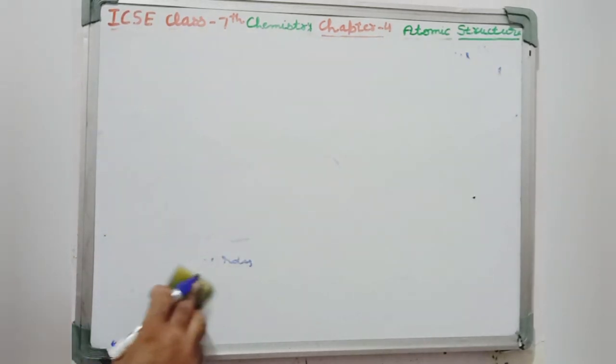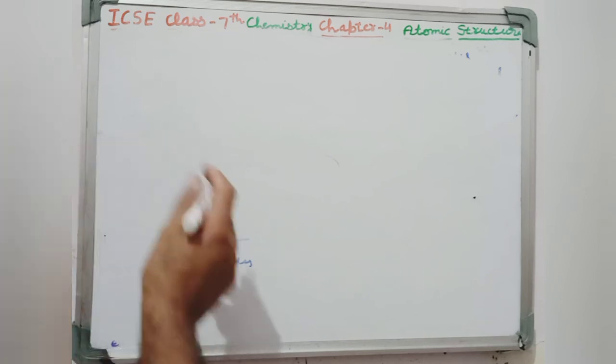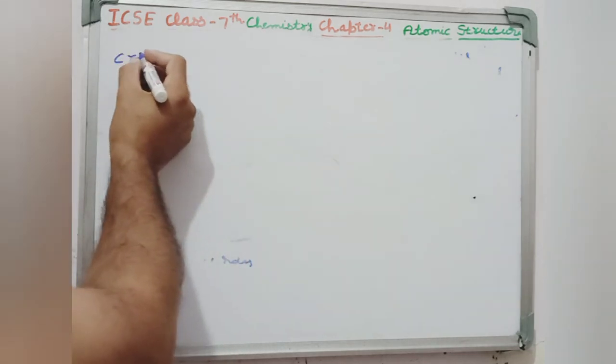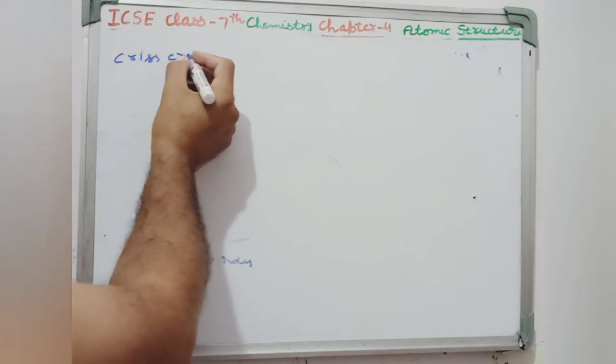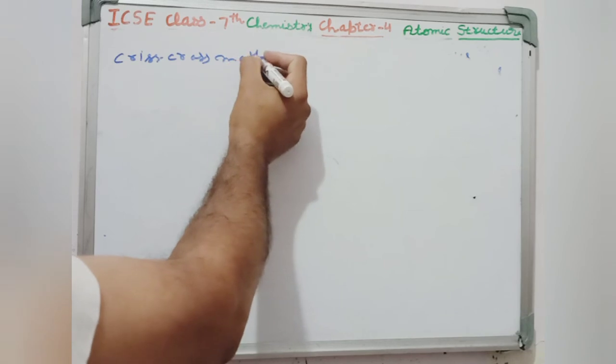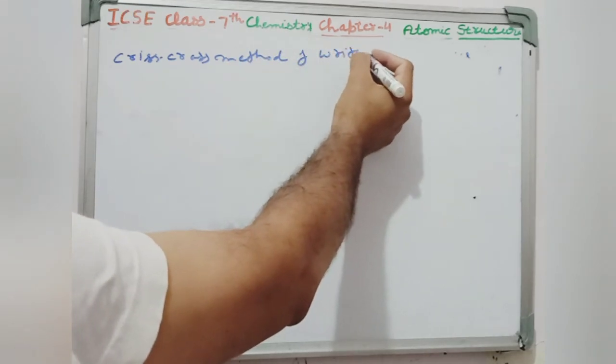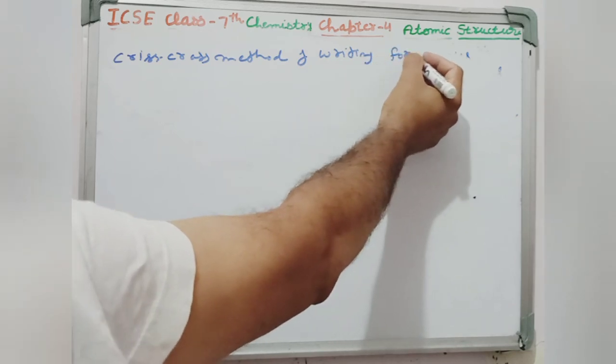Now these positive and negative radicals are given in detail with their names in your book, so you can do that from there. Now we will move on to the criss-cross method of writing formula.